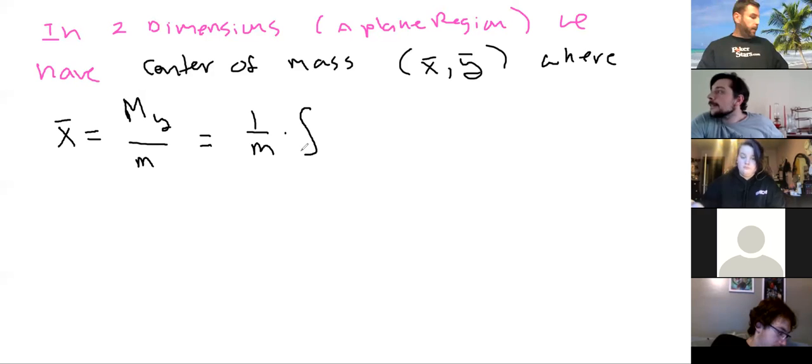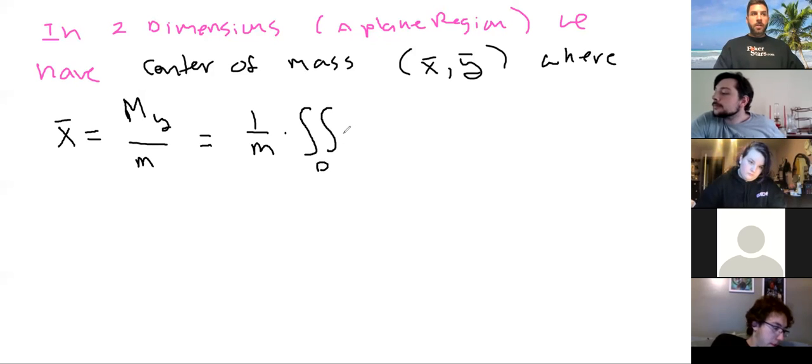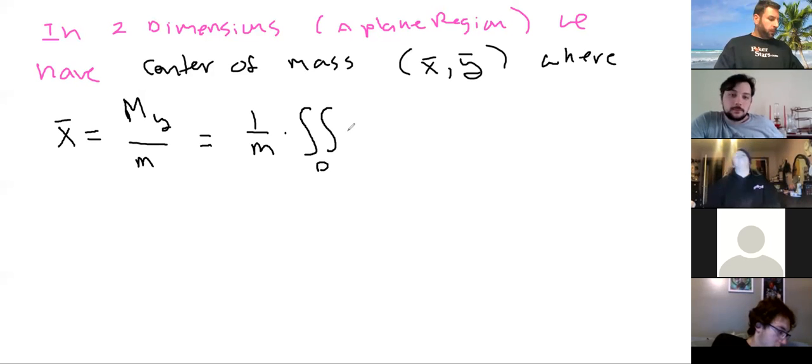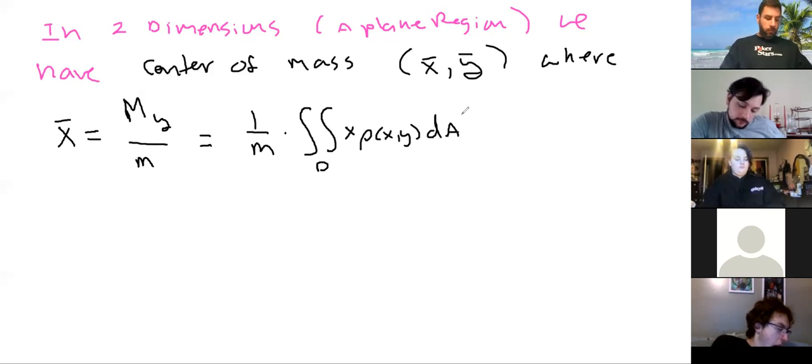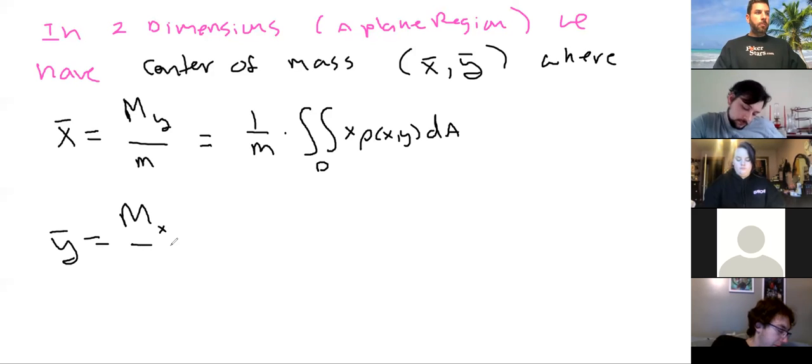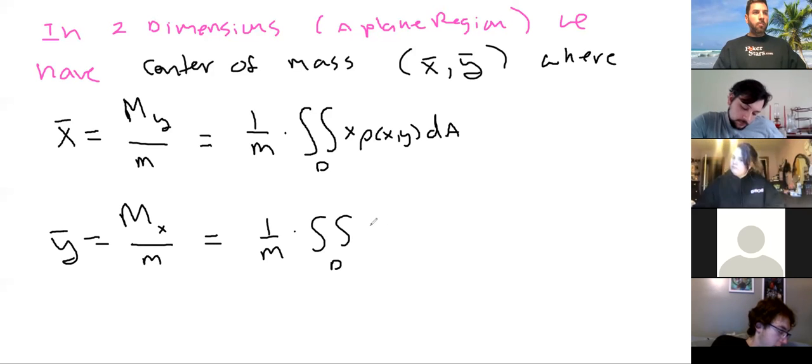And so now, what is this m sub y? Well, this is going to be a double integral. So this is over your domain, whatever it is. And then you're going to take your density and multiply it by x. And then, of course, you're going to have the analogous formula for y bar.